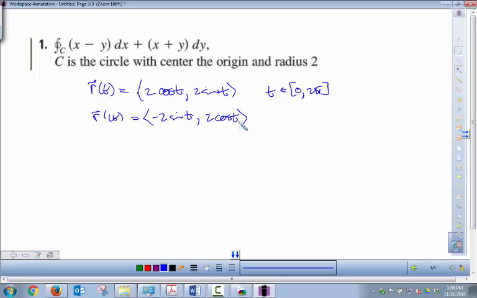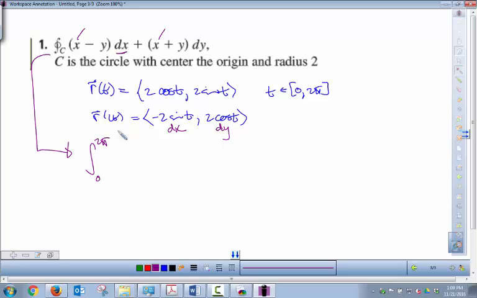So if we want to put this directly into this line integral of this form, we just replace the x's with the x's and replace the y's with the y's. And then we're going to replace the dx and dy with these derivatives that we just found, and we're going to integrate this from 0 to 2 pi.